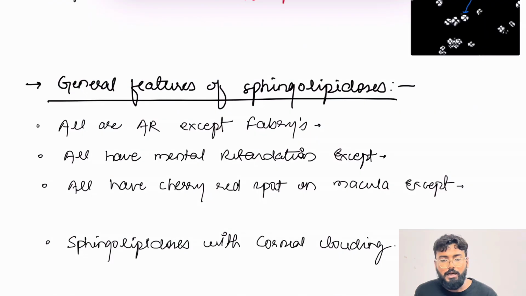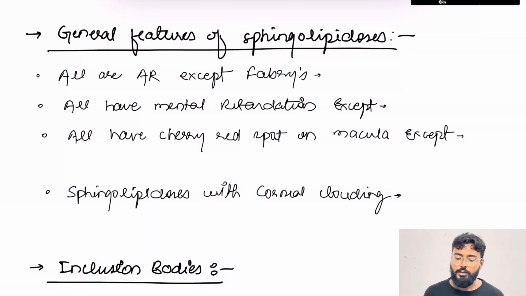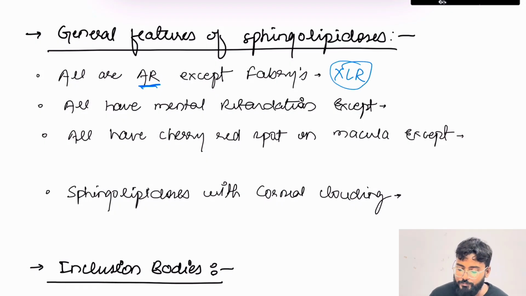Now these are the different types of sphingolipidosis. We can discuss some general features of sphingolipidosis. All are autosomal recessive except Fabry's, that is your X-linked recessive, that we have already seen.